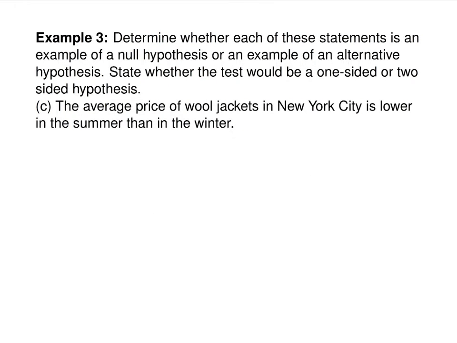Okay. The average price of wool jackets in New York City is lower in the summer than the winter. So mu1 is the average price in summer of a jacket. Mu2 is the average price in winter. So what has this stated in those symbols?